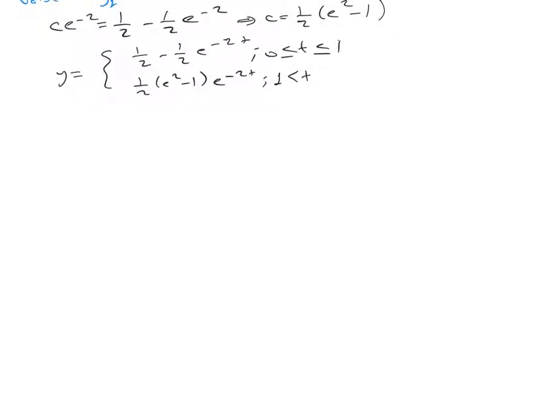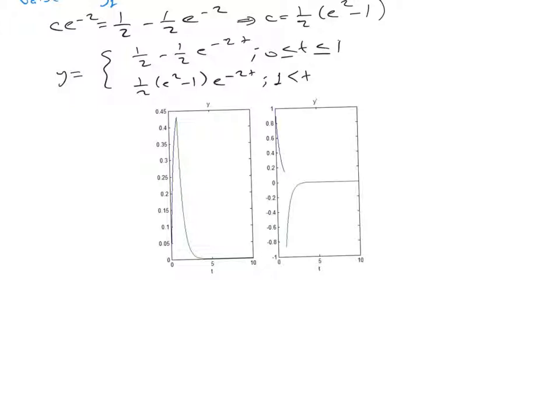And now let's see the solution and the derivative of the solution on the graph. As you see, for the solution we eliminated the jump discontinuity at t is equal to 1, but there is still discontinuity for the derivative of the solution where t is equal to 1, and let's write this as a note.